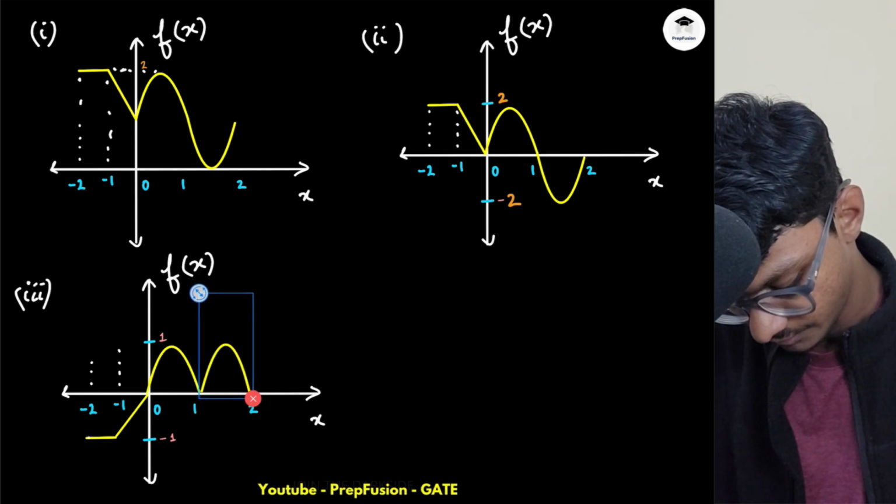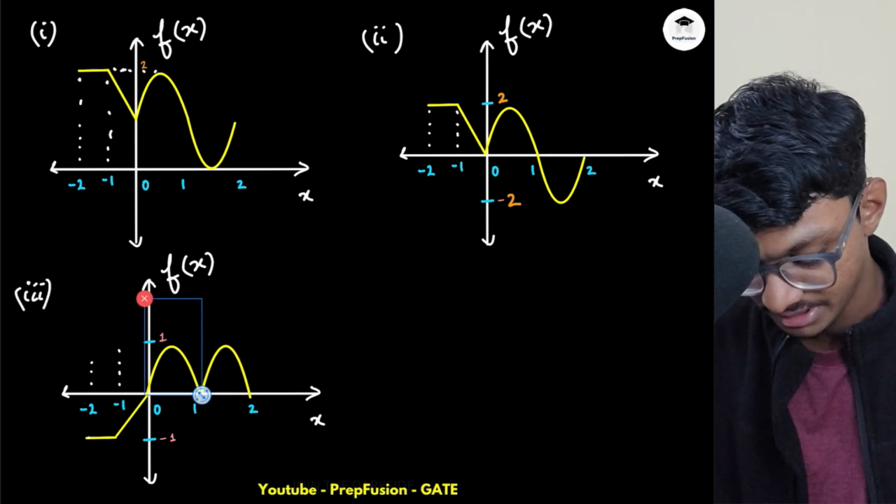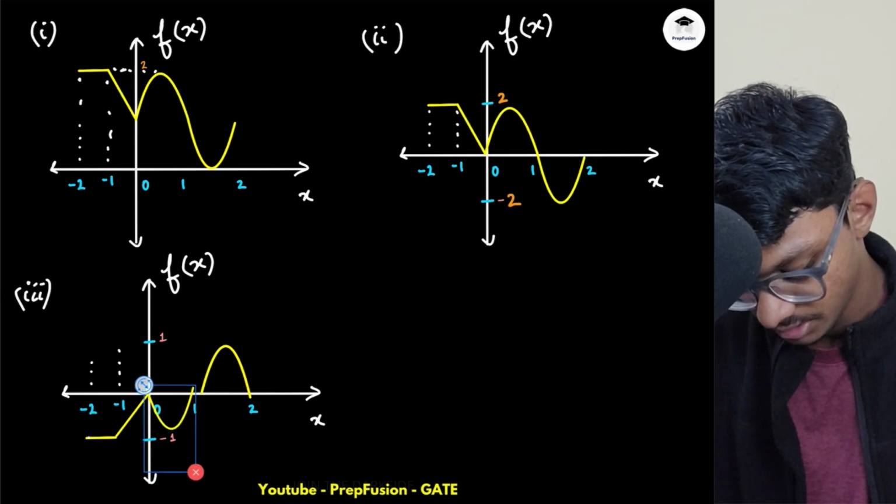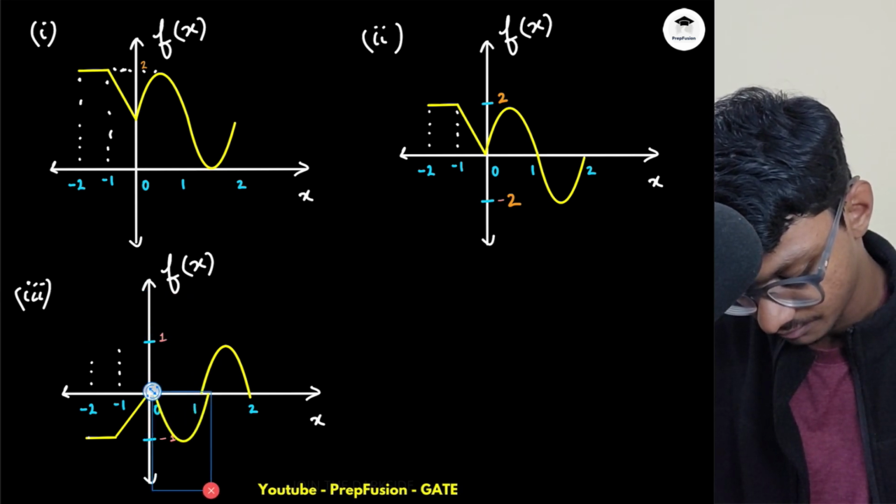Basically I'm multiplying minus 1 with this, I'm changing the sign of this graph.